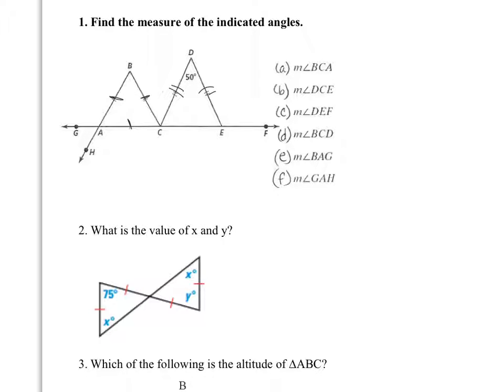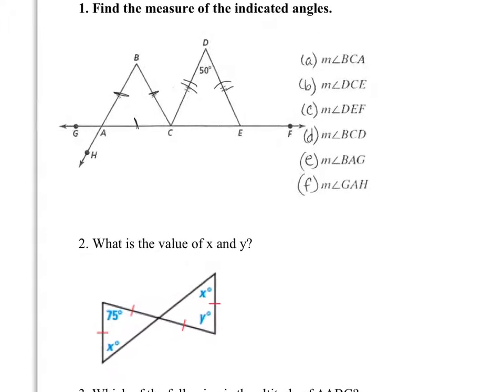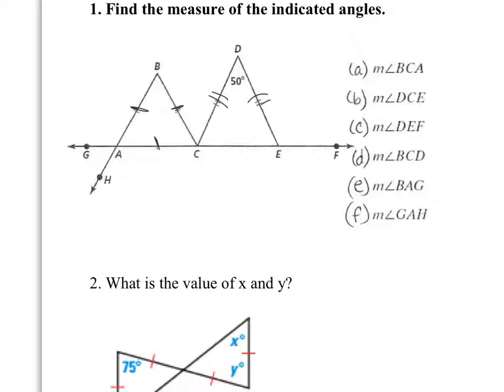And that's one of the main things that's going to help you out. Probably the easier of the two is that this ABC is equilateral. You should know that equilateral means equiangular, and every angle is 60 degrees. Okay, so that's a pretty easy place to start.